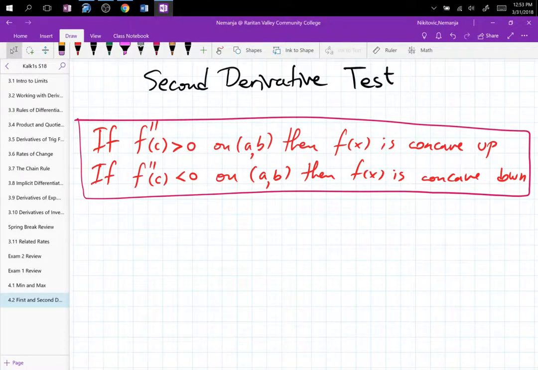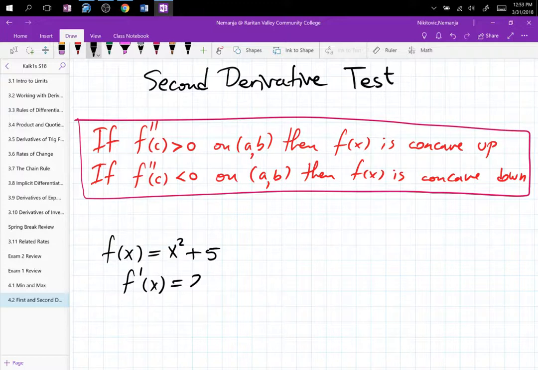The procedures, calculations, absolutely the same as the previous one. Let's go. Start with f of x equals x squared plus 5. Find the first derivative, which is 2x. We don't care about that one, but we needed to get to the second derivative, which is the one we care about. And that's 2.